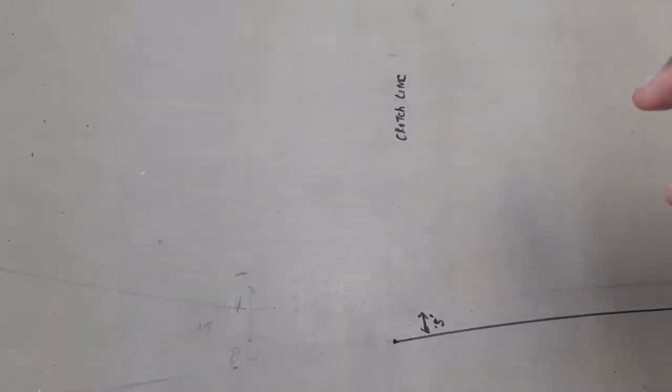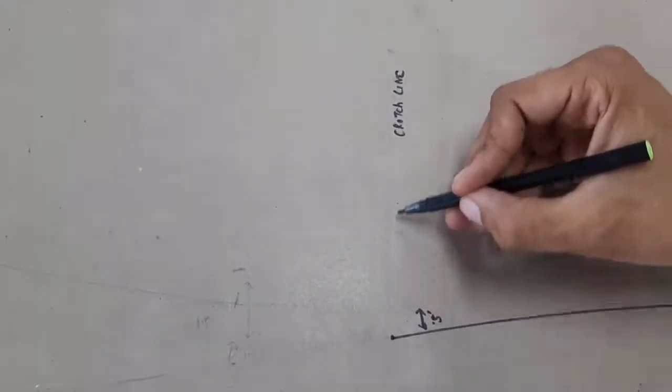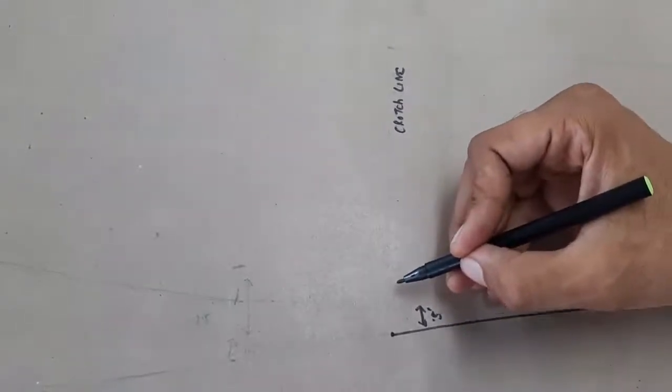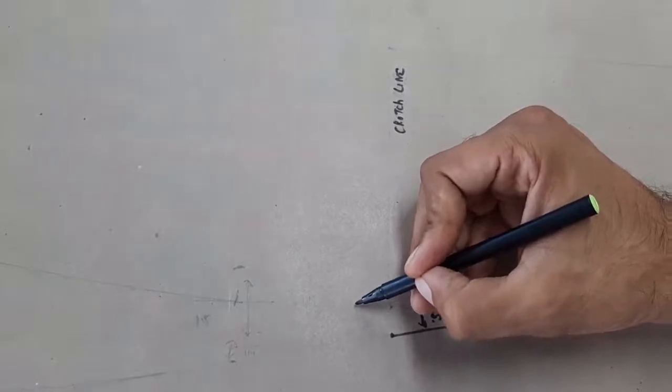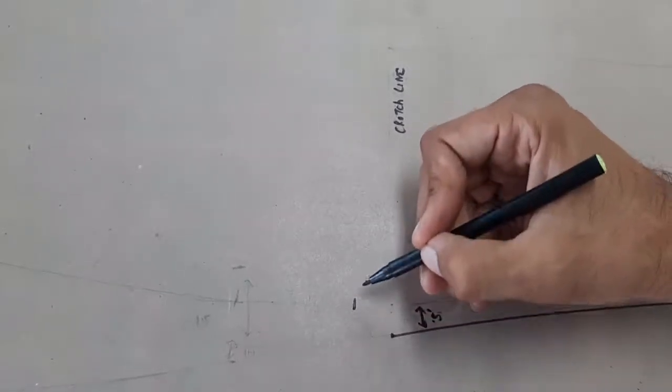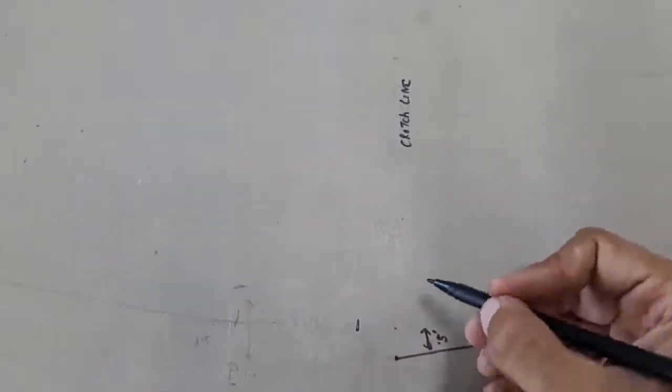and after then we need to mark a point. So this is the crotch line, as you can see this is the crotch line. From here on this crotch line we will mark a point somewhere here. So this is 3 by 4 inches.